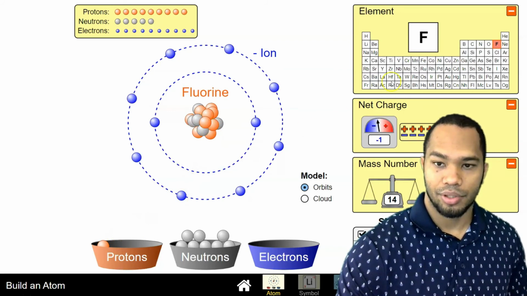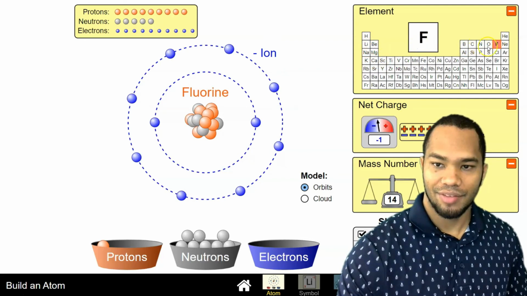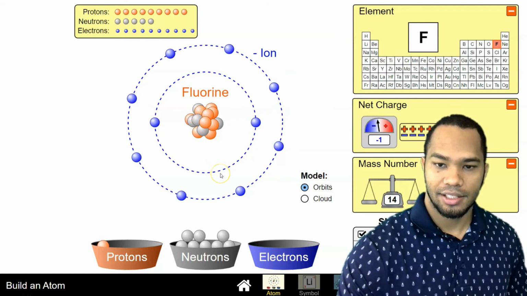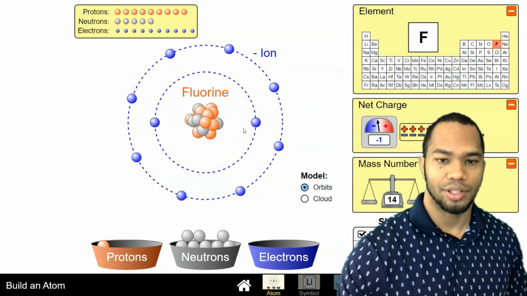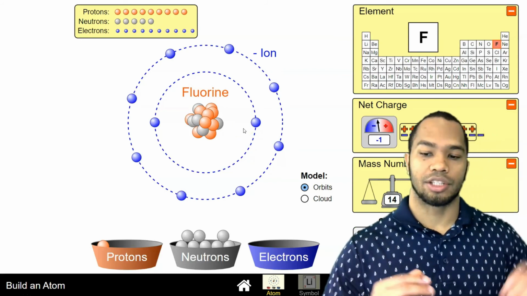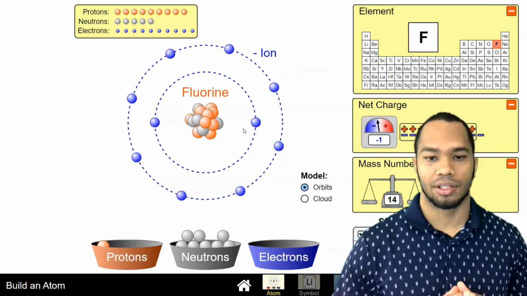Fluorine's atomic number is 1, 2, 3, 4, 5, 6, 7, 8, 9. So we have 9 protons. And let's take a look at... Actually, we're already done. Notice, fluorine will gain 1 electron because it already has 7 valence electrons.